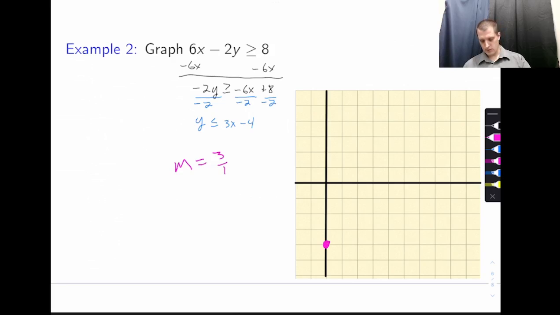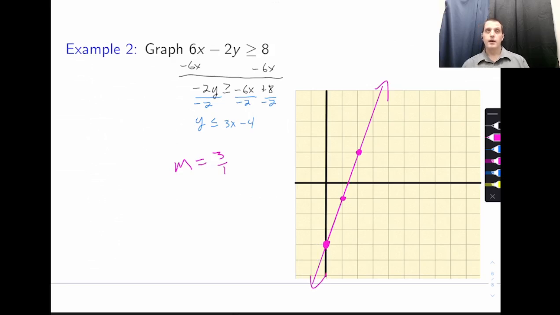Up 1, 2, 3, over by 1. Up by 1, 2, 3, over by 1. It wasn't as easy to do it last time because we had those fractions, but now it's fairly straightforward. Then we'll connect all the dots here. There we go. Then I'll try to do the same on the other side.